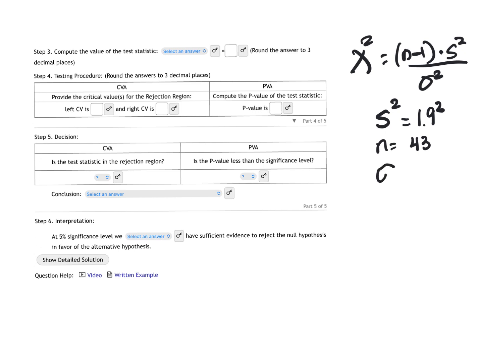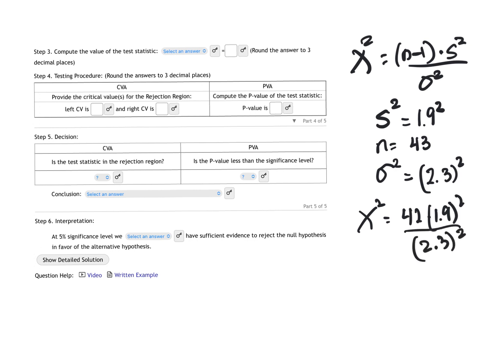And then sigma squared is what was in the hypothesis statement, 2.3 squared. All right, so all I'm going to do to calculate this number is go 42 times 1.9 squared divided by 2.3 squared. And this is going to provide me a number.